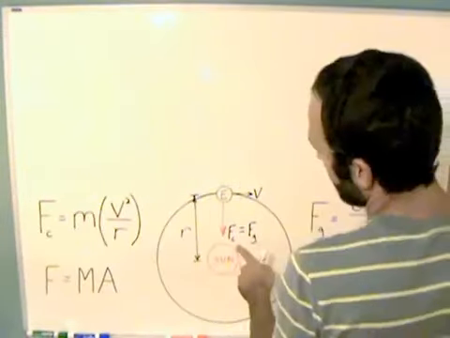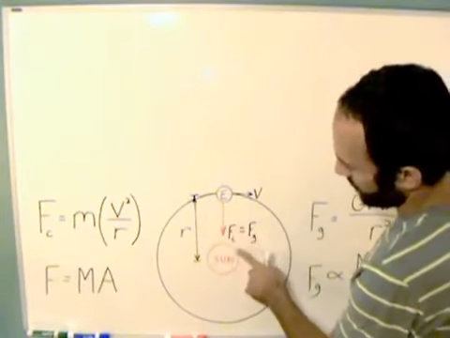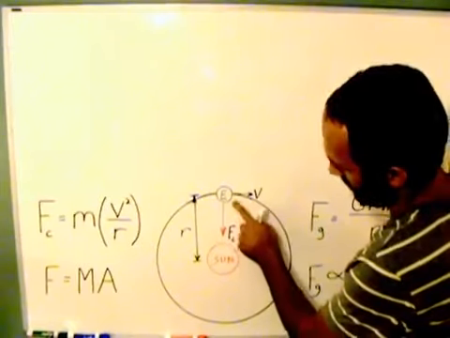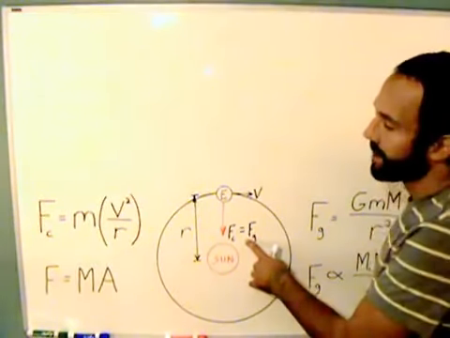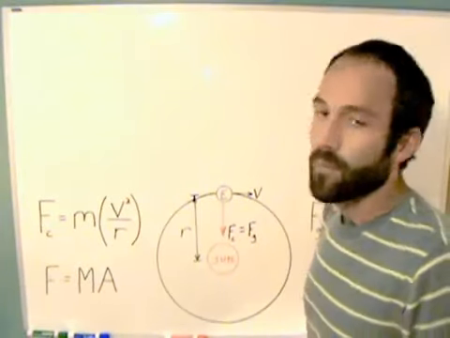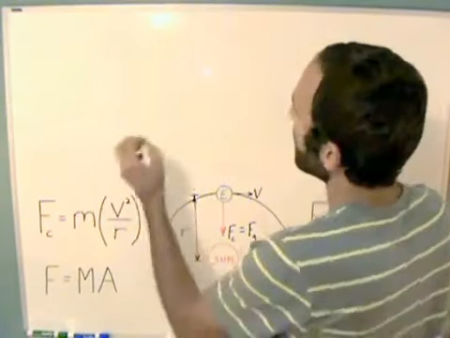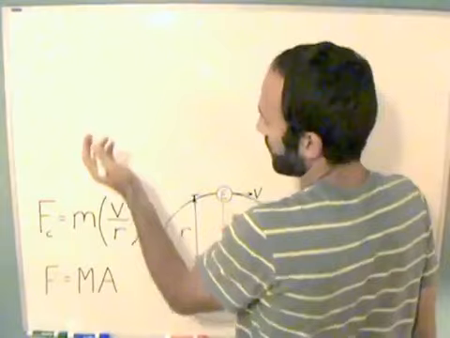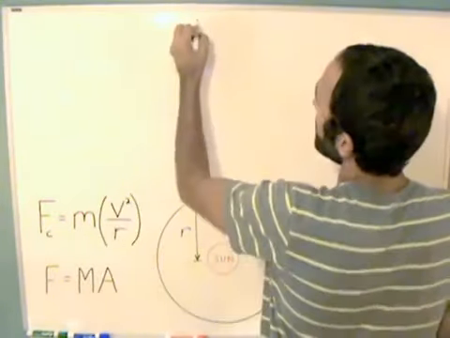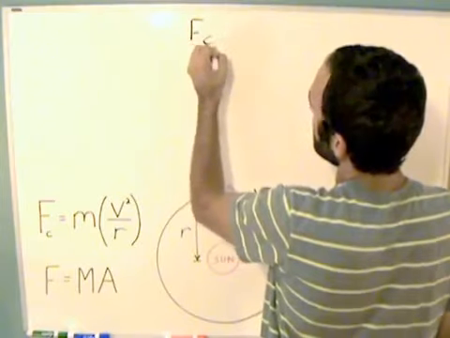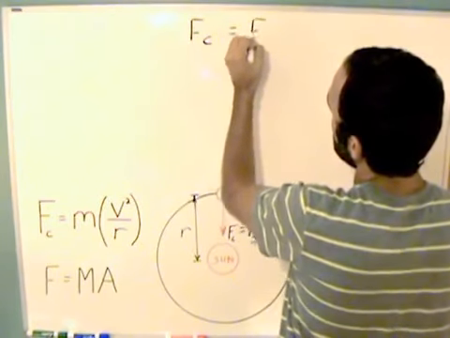As I've written here, the centripetal force between the Earth and the Sun, or the force pulling the Earth towards the Sun, is equal to the force of gravity. So you can set these equations equal. Fc equals Fg.